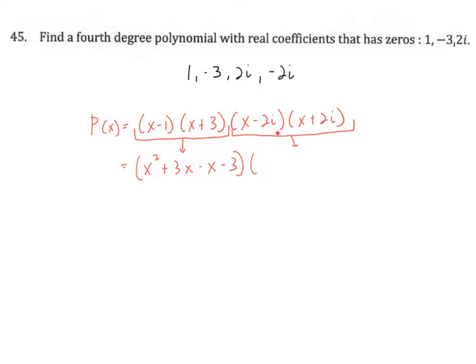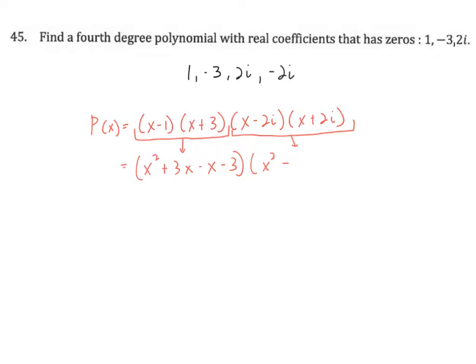So the nice thing about FOILing the factors that come from the imaginary roots is this is difference of two squares. So when you're multiplying the two binomials, and it's the difference of two squares where it's the same factor but one's plus and one's minus, then the easy way is just to do the first thing squared and then do minus and then do the second thing squared.